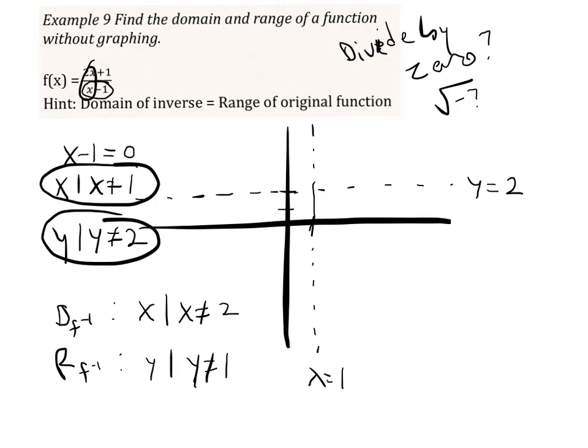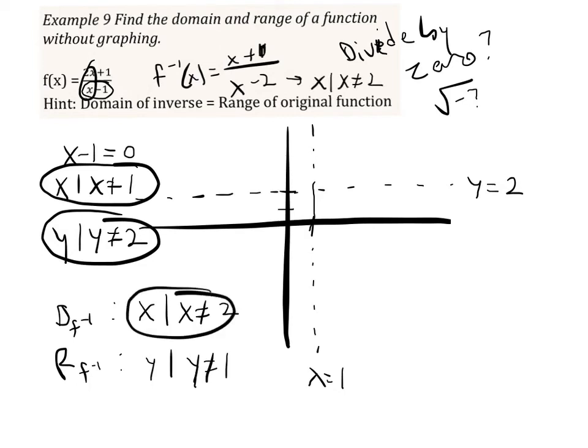Another way you could think about it is if you find the inverse of your function here, like we did before, this is the same function that we found our inverse of, where we had f inverse of x is equal to x plus 1 over x minus 2. Now I can say that the domain of my inverse is x provided that x doesn't equal 2, which is what we saw here, right?